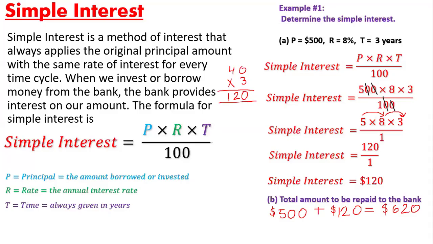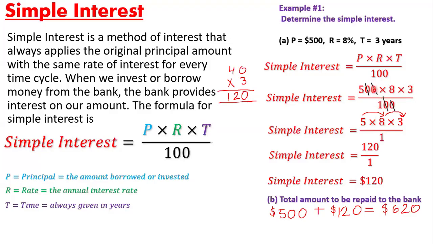It's a very simple idea. All we need to do is the principal times the rate times the time all over 100. The principal is 500, the rate is 8, the time is 3, all over 100.